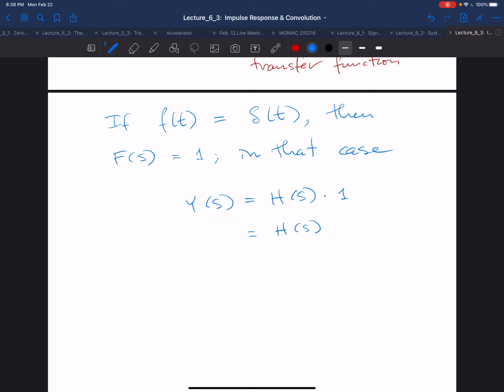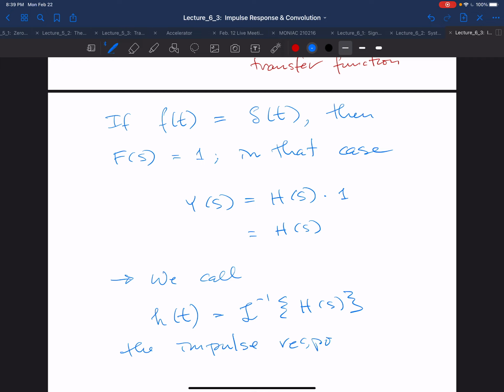So that means that H(s) is the response of our system to an input in the form of a unit impulse. And for that reason, we call the inverse transform of this function, h(t), the impulse response of the system.